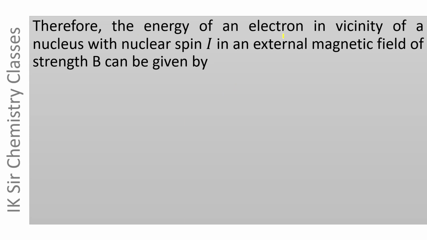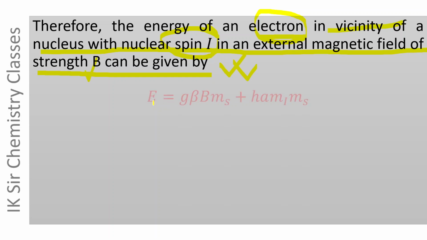Therefore, the energy of an electron in the vicinity of a nucleus with nuclear spin I in an external magnetic field of strength B can be given by the following expression.